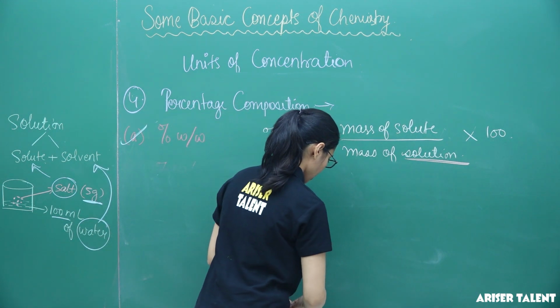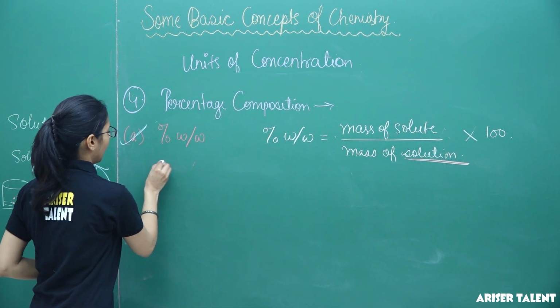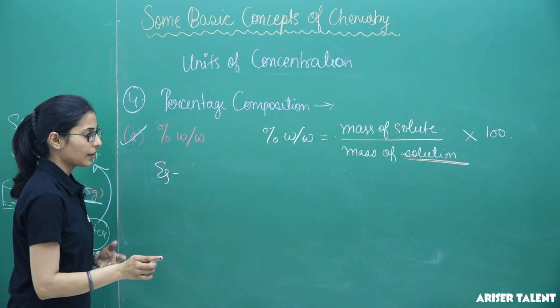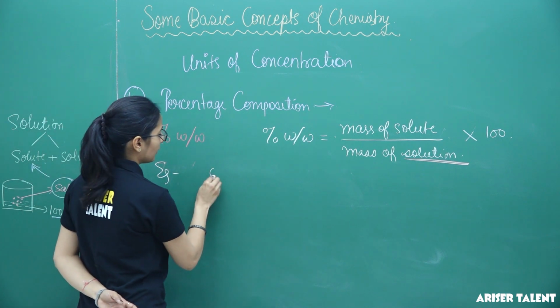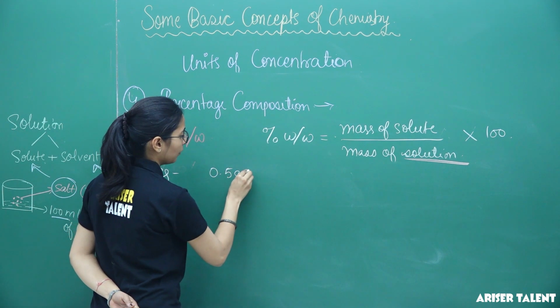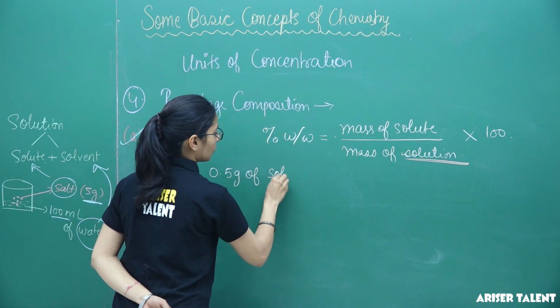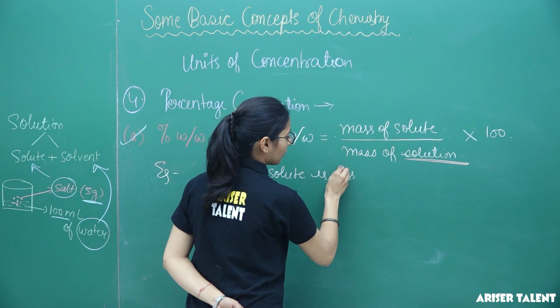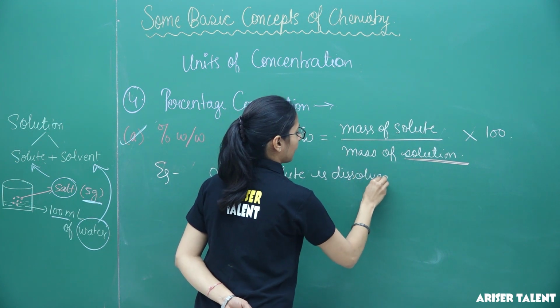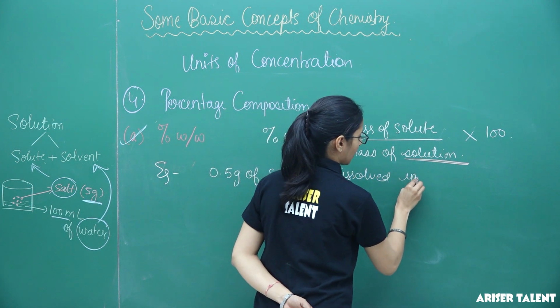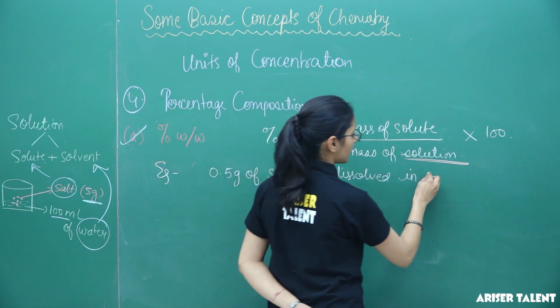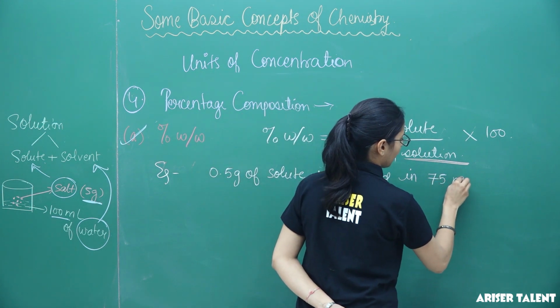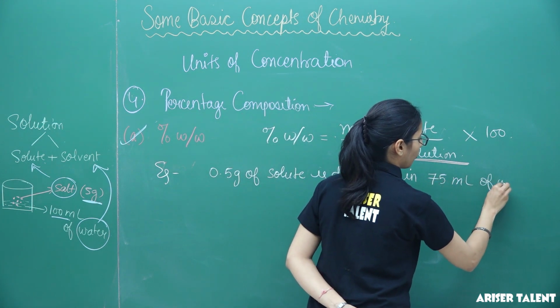Okay. So, let us say I have an example in which it says that 0.5 gram of solute is dissolved in, let us say, 75 ml of water.